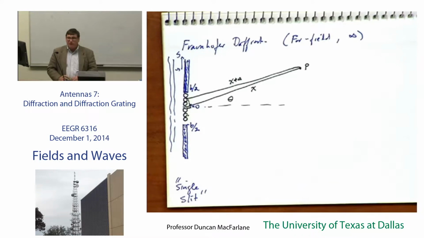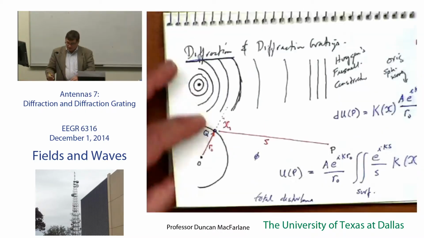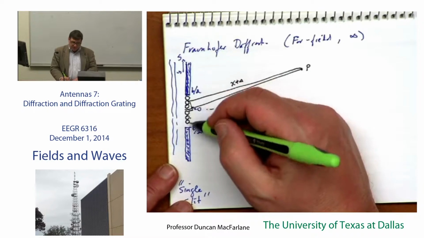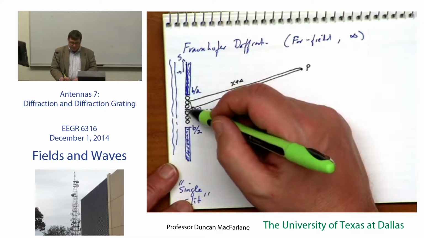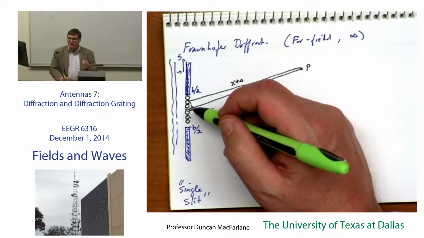Now, this is a very, very powerful technique because it's very easy to do this integration, if not analytically, then certainly numerically. And you can imagine anything you want in this k of chi function. We'll do the simple case where it's a plane wave in, so there are all uniform spherical wavefronts that all fire in phase.